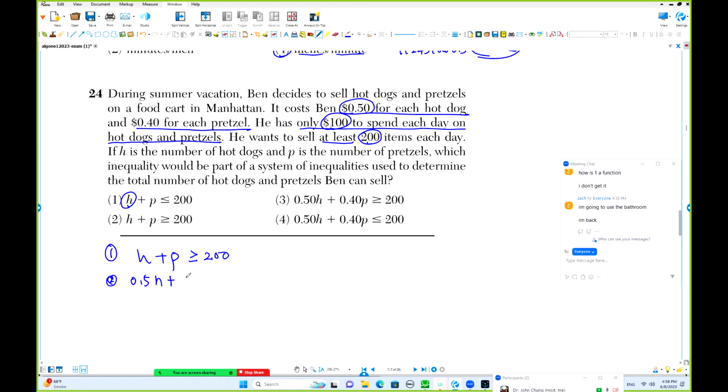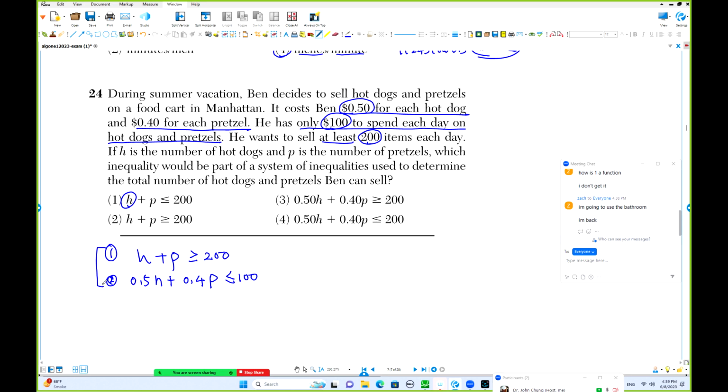And the pretzel is 0.4 times the number of pretzels. But his maximum cost is $100, so it should be less than or equal to 100. So we have set up the system of inequalities.